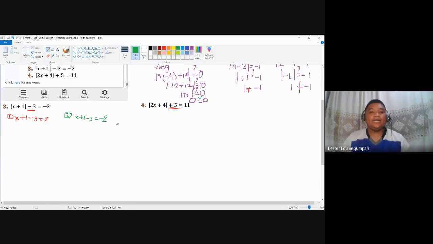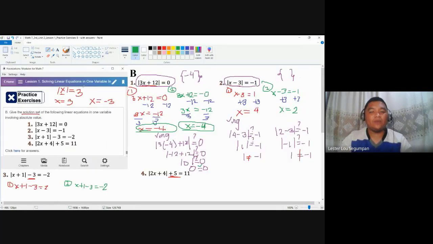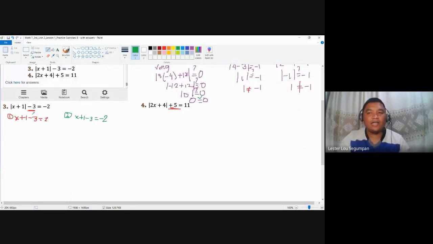Why? Because when we go back to the general form, we can only make case 1 and case 2 if the left-hand side is only the absolute value expression, just like in number 1 and number 2, in this example, and the previous items in practice exercise A. But in this case, your left-hand side contains a value outside it.